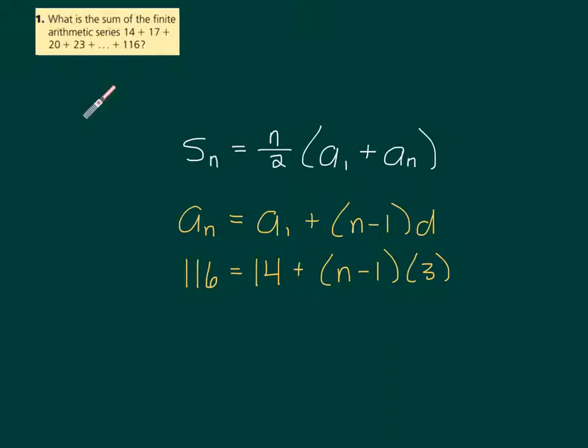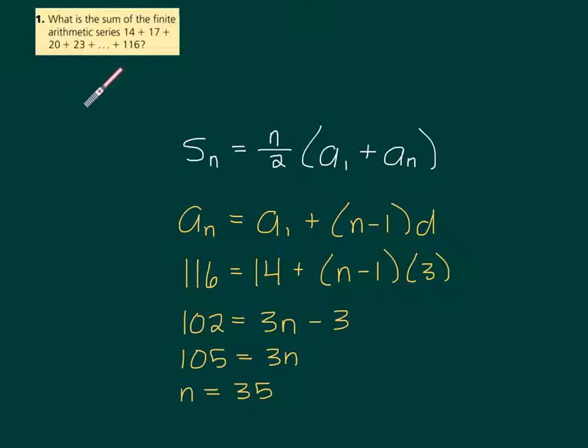We get all of that from up here. So subtract 14 from each side, we get 102 is 3n minus 3. 105 is 3n, so n is 35. So what we found out is that in this series, 116 is the 35th term.